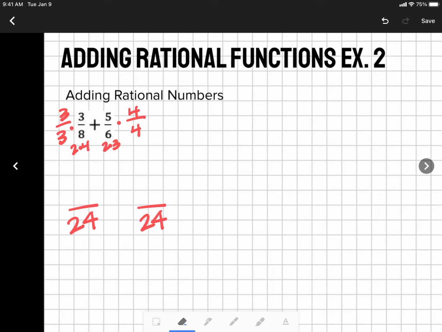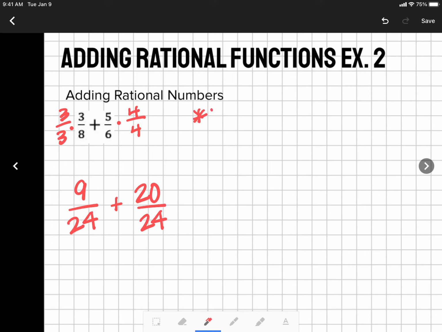And then I get myself to that 24 on both sides. Now, you could do it the other way, but I just want to show you a way to keep our factors smaller, because that's going to be really helpful when we start the rational expressions. So this becomes 9 24ths, and this becomes 20 24ths.